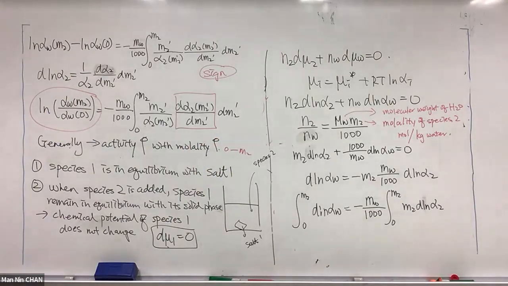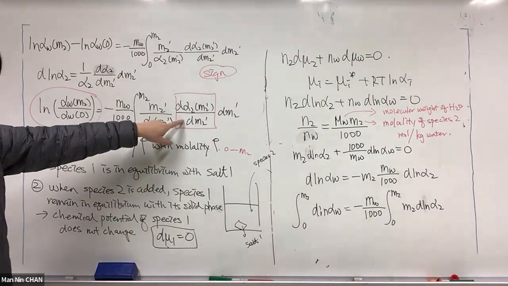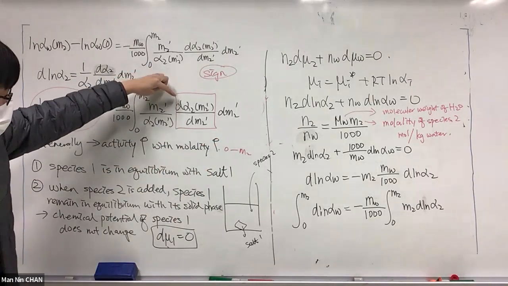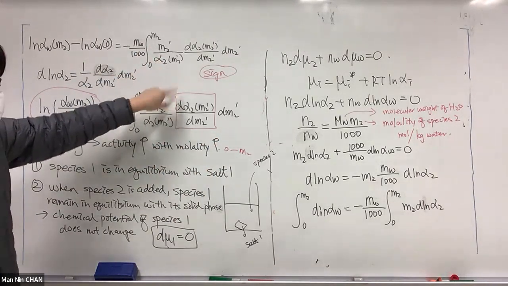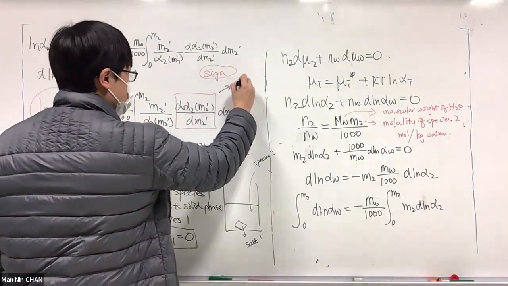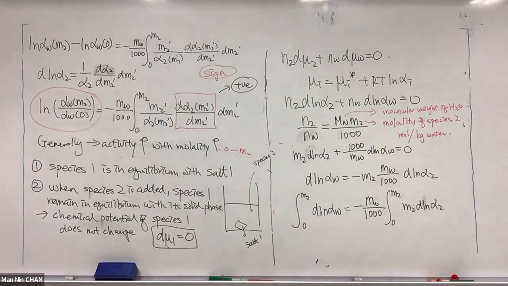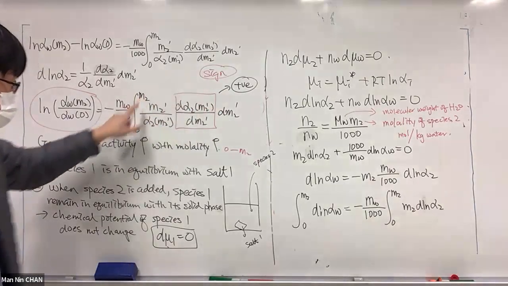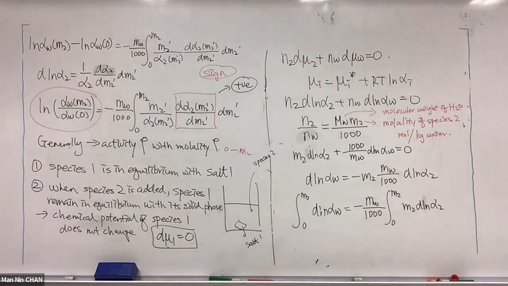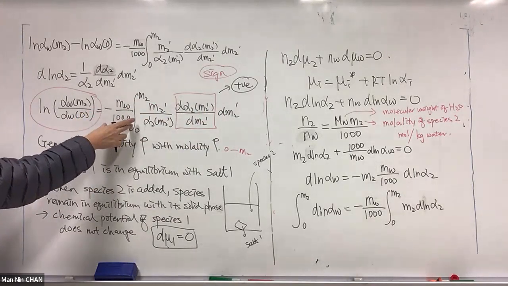So if this is the case, that means this will be positive. When your molarity increases, the change in your activity will also increase, so this term will become positive. Therefore, this term will be positive, just for a qualitative argument here. If these terms are positive, you can argue the whole term here will also be positive. But remember, you have a negative sign here.